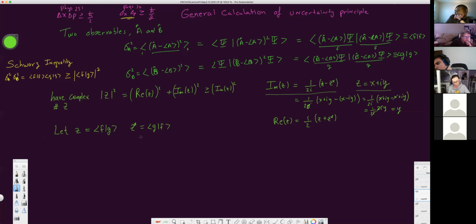Okay, and so therefore we can use this inequality to write down that sigma A squared sigma B squared is greater than or equal to the square of the imaginary part, which is 1 over 2i times (the inner product of f with g, which is our z, minus the inner product of g with f, which is our z star), squared. Okay, that's from our inequality.